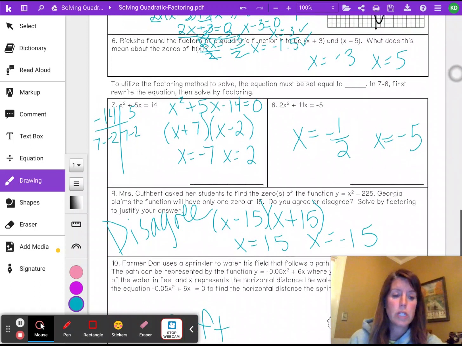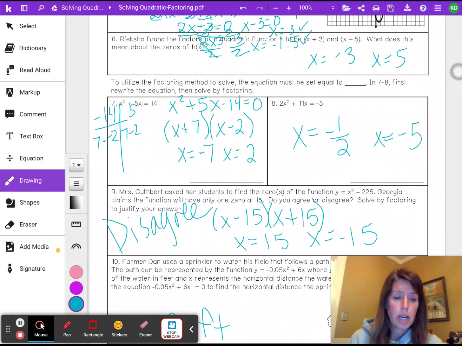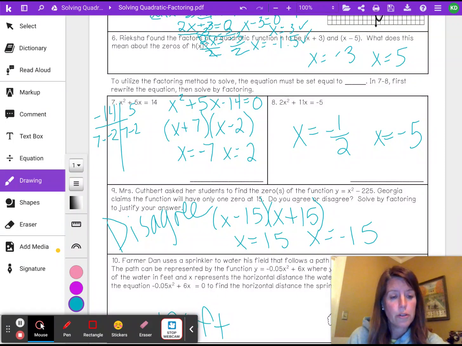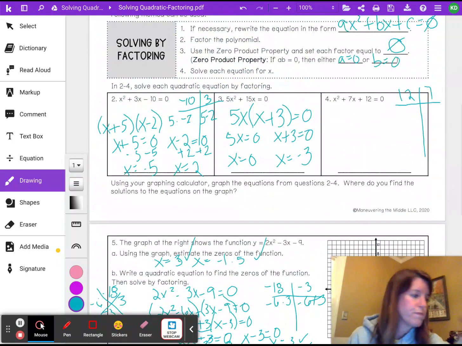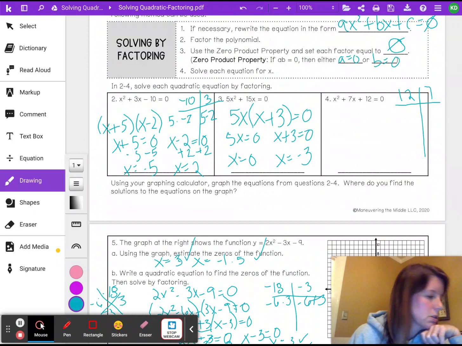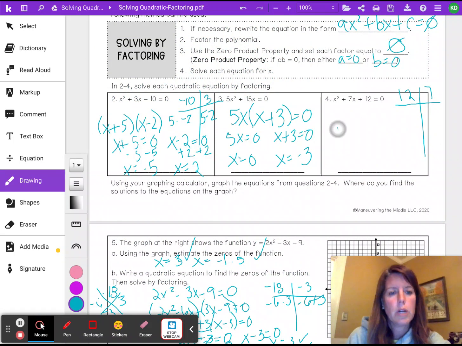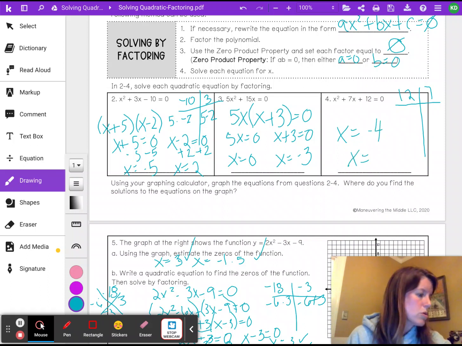If you haven't tried it yet, try it on your own, and hopefully you'll get to those two answers. What was the other one? Oh, number 4. Okay, so x equals -4 and x equals -3. There we go. There's your answers. Hopefully you all got that.